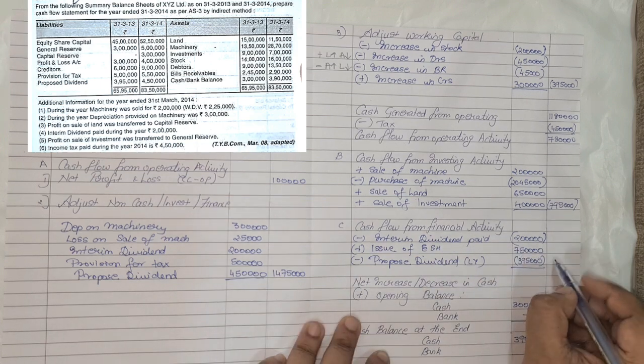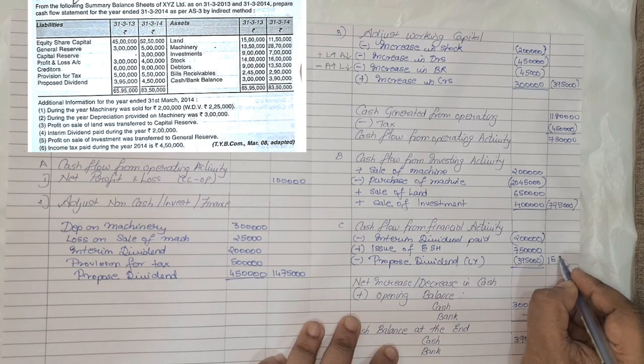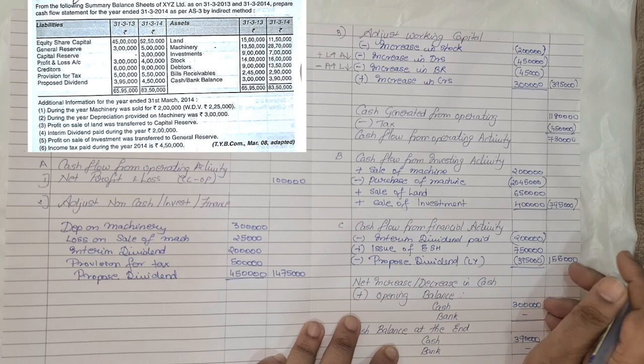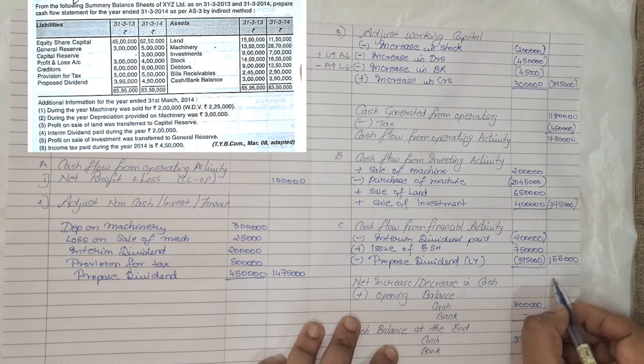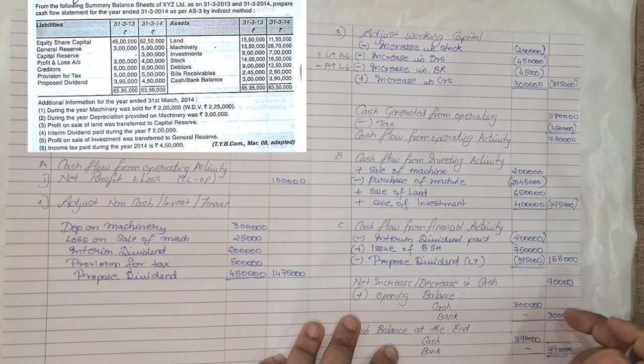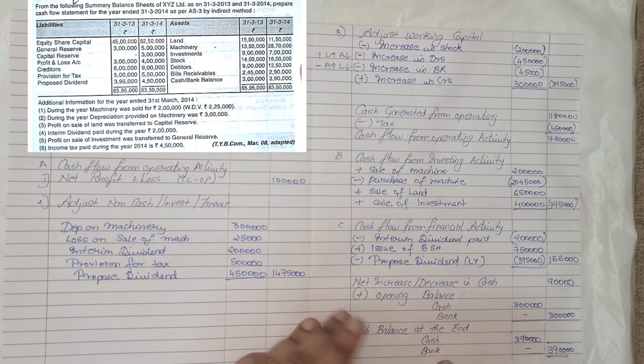So it comes to positive 1 lakh 55,000. So now we take the three totals: 7 lakh 30,000 minus 7 lakh 95,000 plus 1 lakh 55,000. We get an increase in cash balance of 90,000. So 90,000 plus 3 lakh will become 3 lakh 90,000. So with that our cash flow statement tallies.